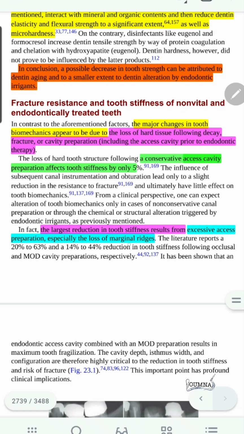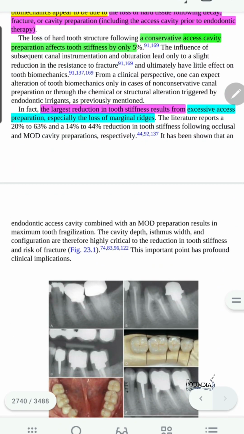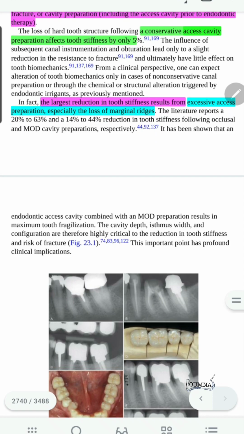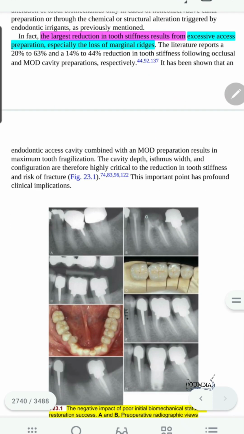Here they are saying that losing the marginal ridges makes the tooth lose a lot of its stiffness, which means that the MOD preparation or cavity makes the tooth really fragile. So we must be as conservative as possible. This is the case when we see that there is a great loss in the tooth.